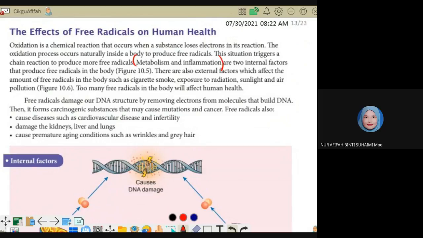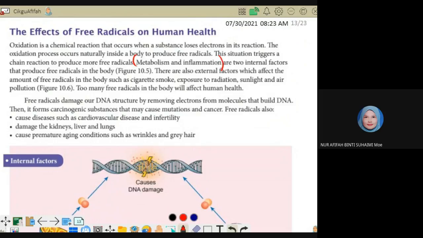Bila you makan makanan, the food will be oxidized to produce energy. But besides producing energy, the oxidation process will release free radical. So lagi banyak metabolism occur inside our body, a lot of free radical will be released.